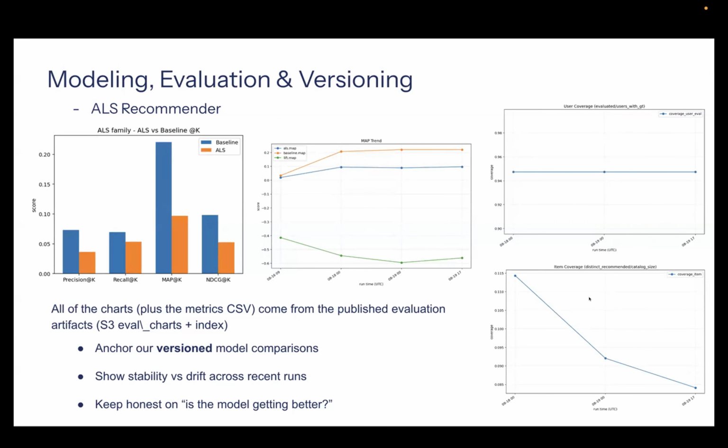User coverage is stable at around 95%, while item coverage drifted down slightly, indicating recommendations concentrating more on the head. All runs are published in the full metrics CSV and PNG charts to S3, so we can track whether the trends push the curves the right way. Next slide, please.